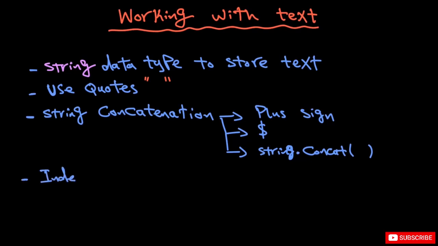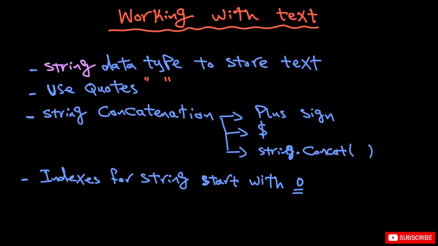Suppose you have a string or collection of characters and you want to access only a single character from this string. To do that, you can use the index numbers. And you have to know that strings are zero-based indexed, so the first character in a string has the index 0.